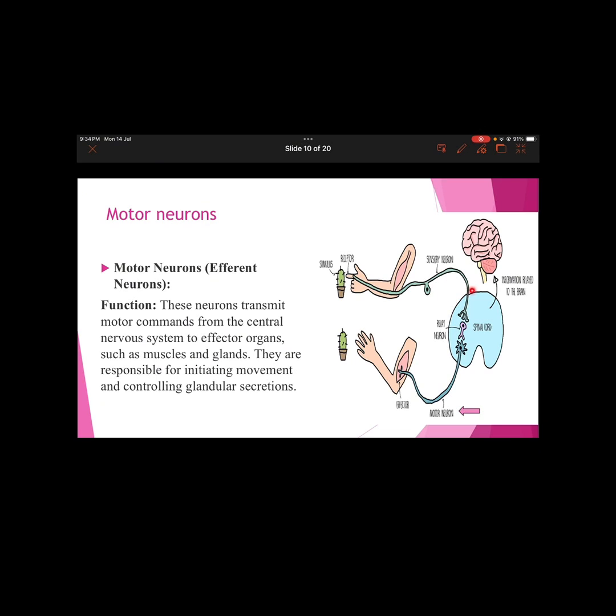This will take time, whereas I need a rapid response to protect myself. So this rapid response occurs through this interneuron that will connect directly the sensory neuron to the motor neuron, so I can do a rapid reflex. So once again, a reflex is when the motor neuron receives a command from the spinal cord, whereas a normal movement occurs when my brain decides that I want to move, so I move.